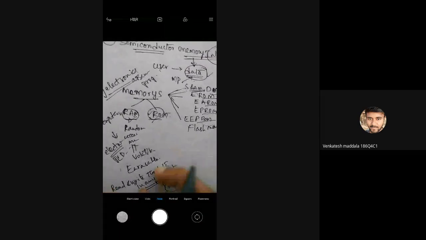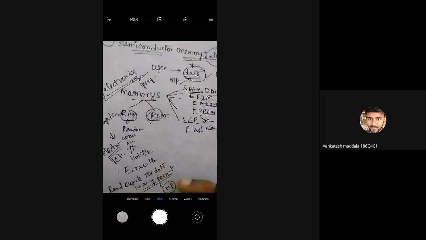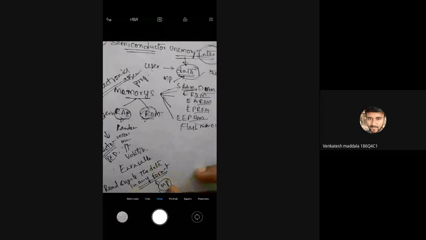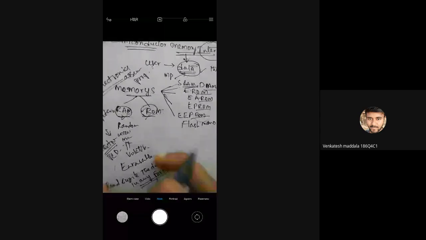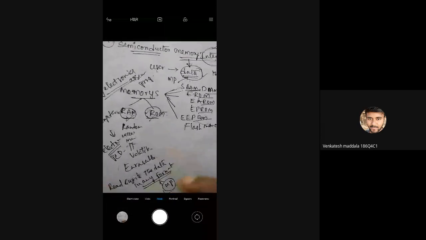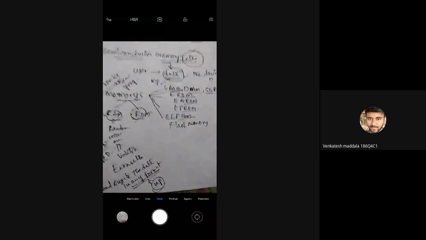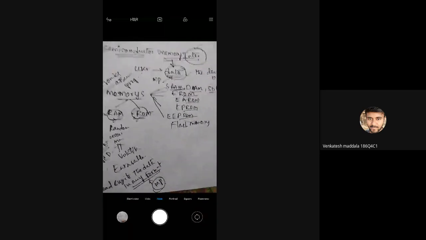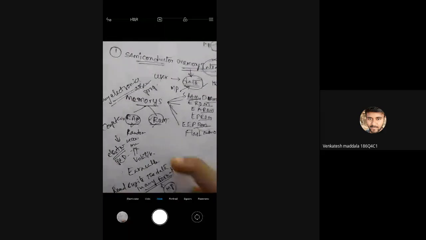If the microprocessor is operating on strings, the strings are stored in this RAM. If it is operating on numbers, the numbers are stored in this RAM. If the microprocessor wants the data as ASCII, a combination of numbers, variables, and so on, that will be stored directly. So it can read and write the data in any format.